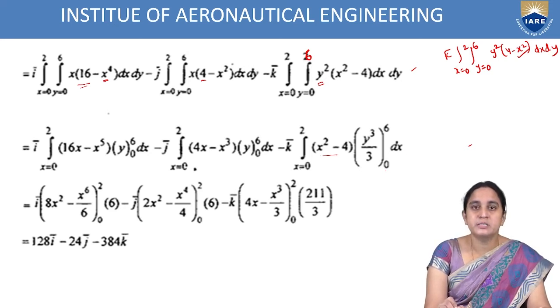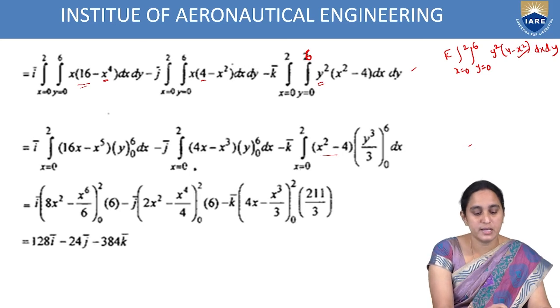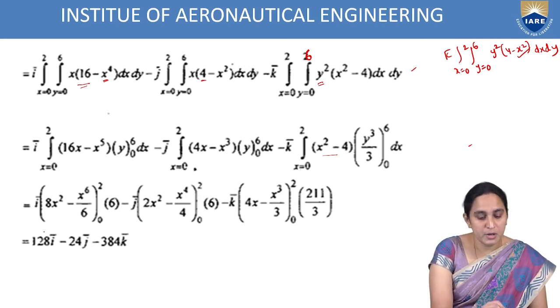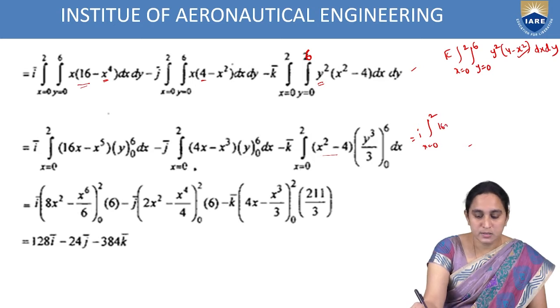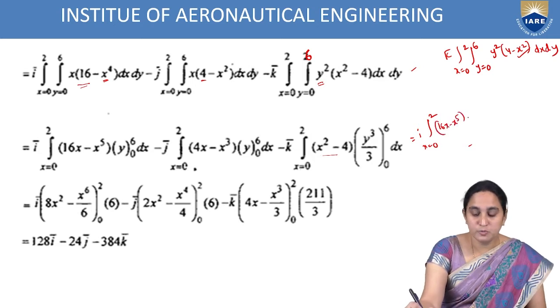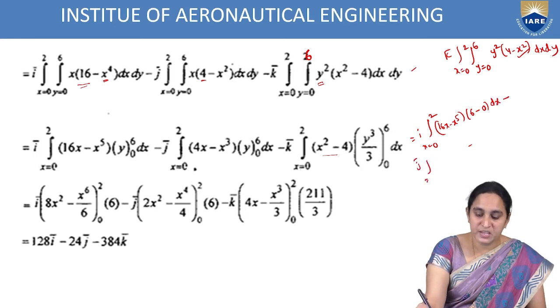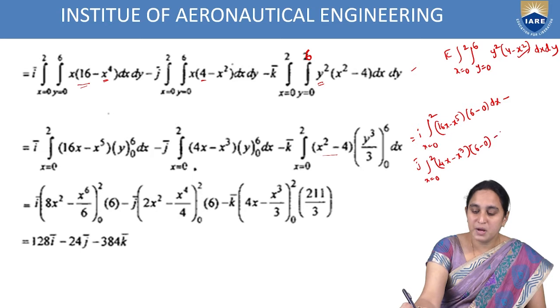Now substitute the limit points of y after the integration with respect to y. First I'll write this step here. I bar into the integral x from 0 to 2, 16x minus x power 5, into the y limit points, upper point as 6 and lower point as 0, into dx, minus j bar into x from 0 to 2, 4x minus x cube, upper point as 6 and lower point as 0, minus k bar into the integral of x from 0 to 2, x square minus 4.